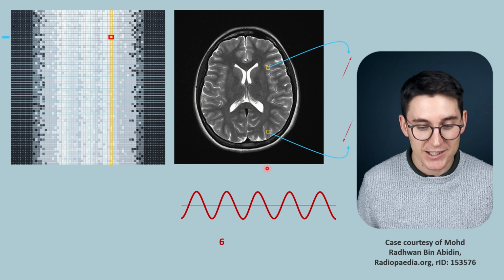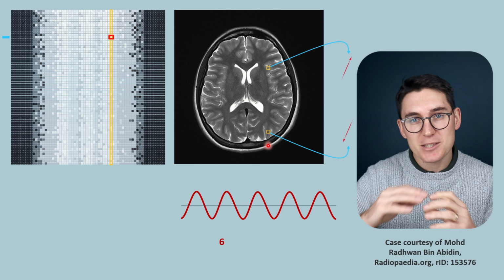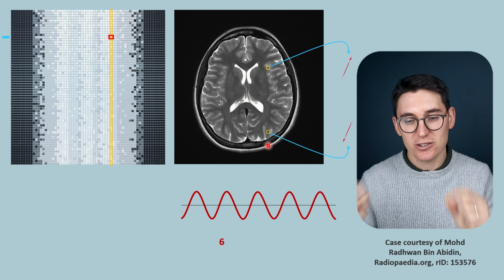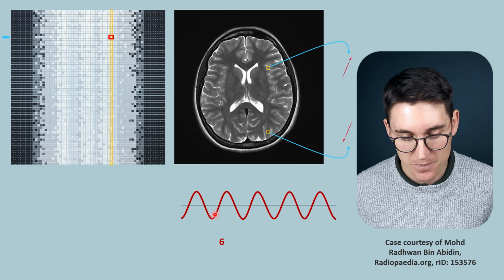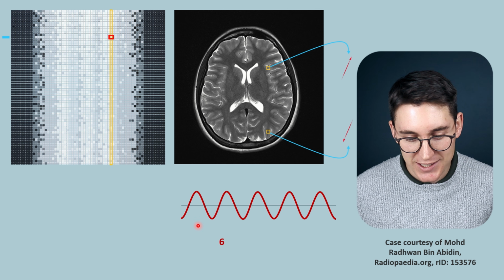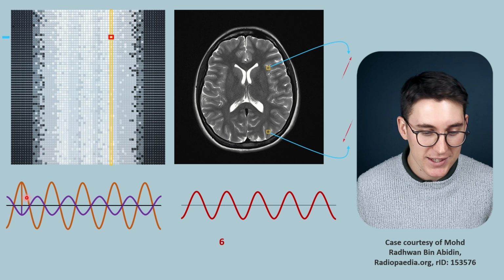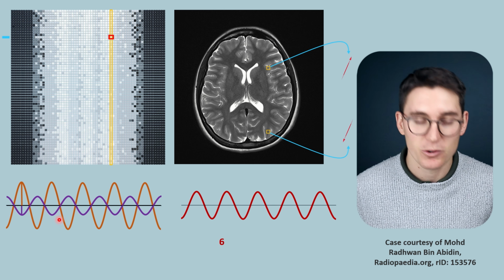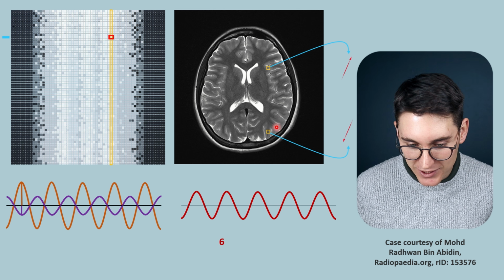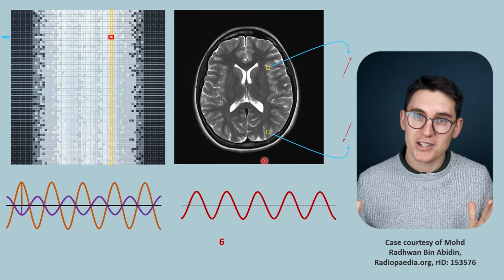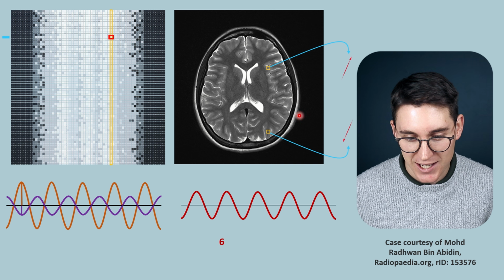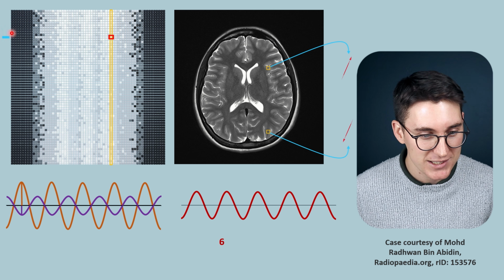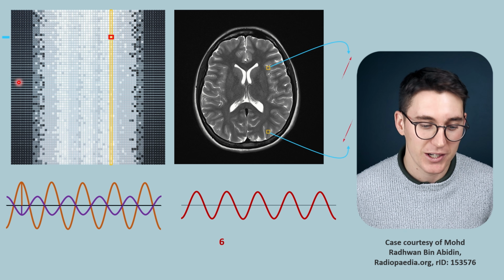And here we get a different numerical value because there's been dephasing. That signal coming from this x-axis location is going to be less than our original signal. Now this signal is a combination of both the signal from signal 1 and the signal from signal 2. They are still at the same frequency because they're along the same x-axis location, but they're at different phases now, 180 degrees out of phase, because of this phase encoding gradient.